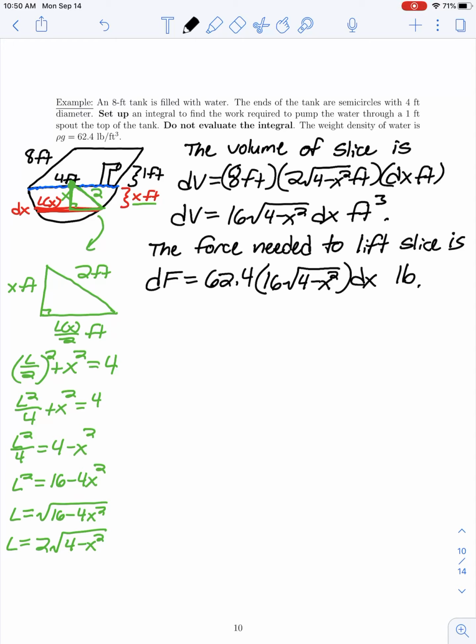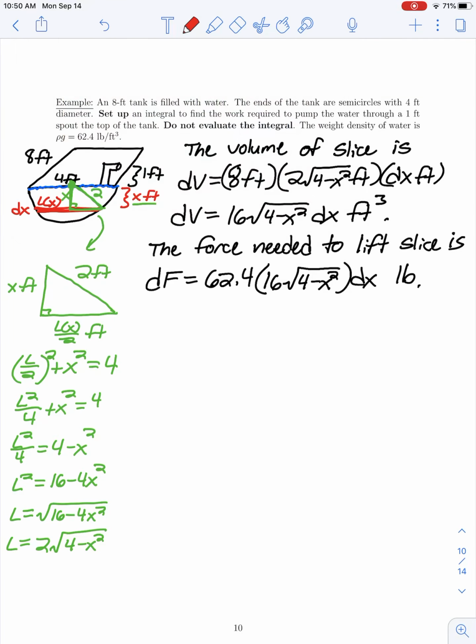So from force, we can find work by taking this force and multiplying by the distance that our slab has to travel, which is what we were calling x, the distance from the slice to the top edge of our tank.